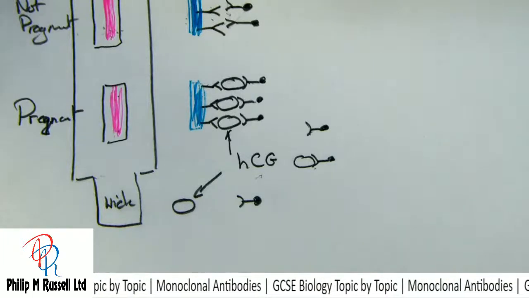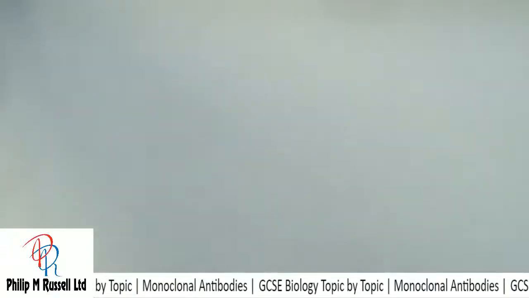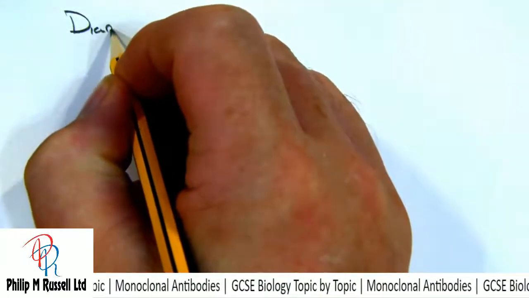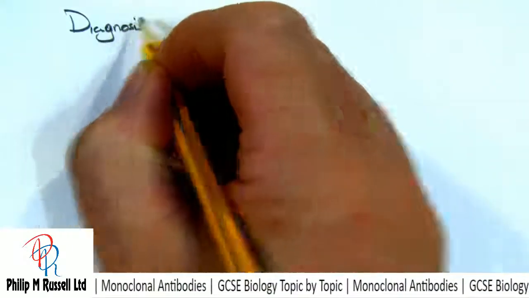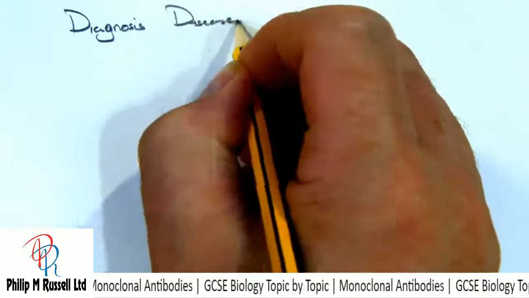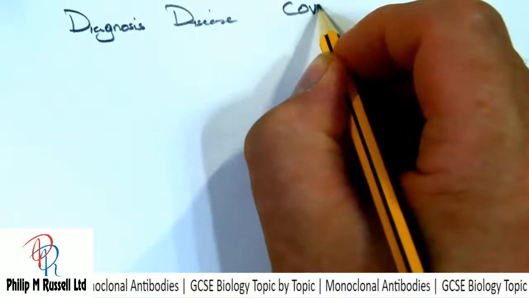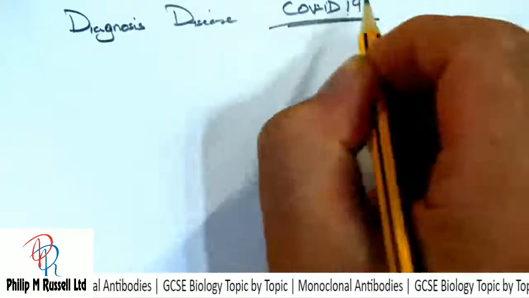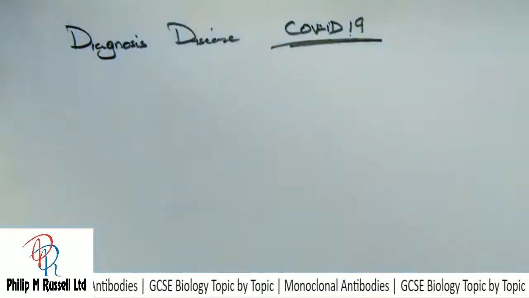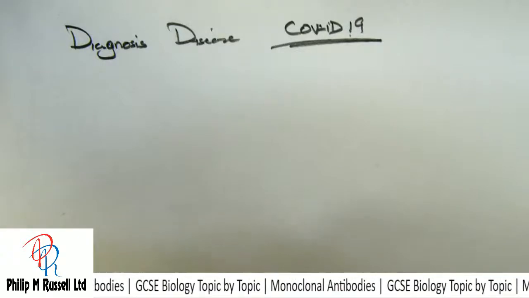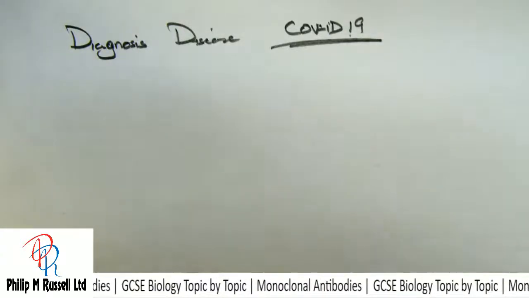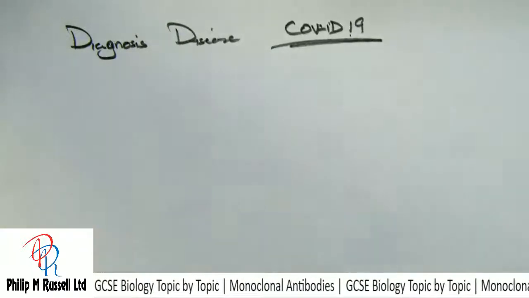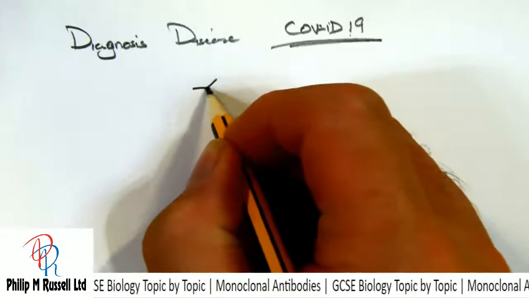Works in the same way with not just pregnancy, but here diagnosis of a disease. And I suppose we're looking at COVID-19 here. Right, so let's see how we might try to do this. So we make some monoclonal antibodies which will bind to something on the virus.